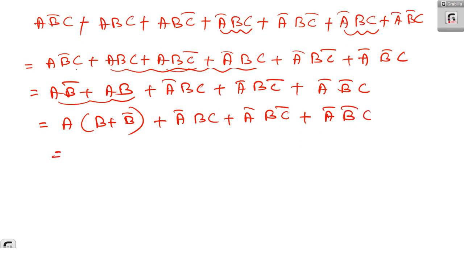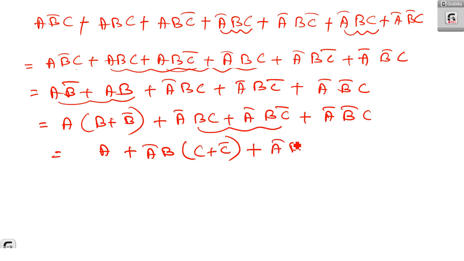So it will be A, or then from these two terms what can I take? A bar B. You will get C or C bar, or then A bar B bar C. C or C bar is 1.